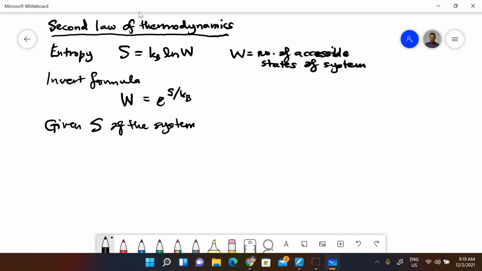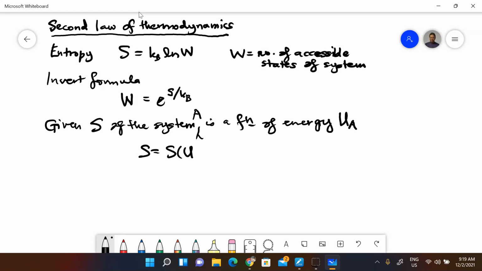It's a function of the energy. So suppose we consider system A, and then the energy will be UA. So in other words, your S will be a function of UA.